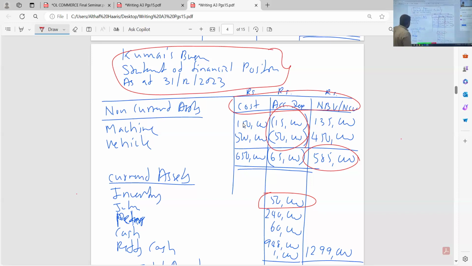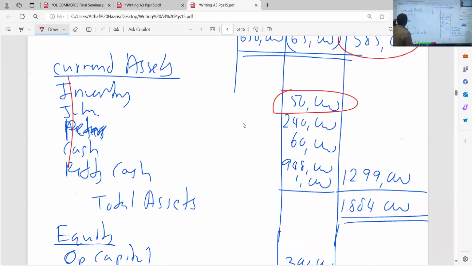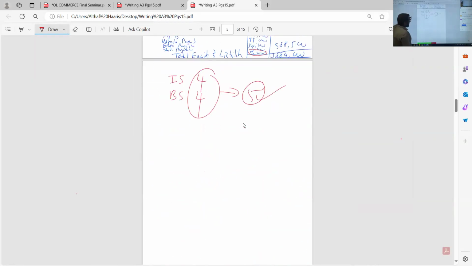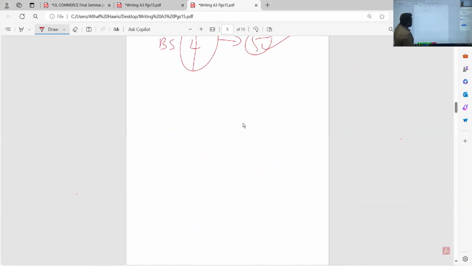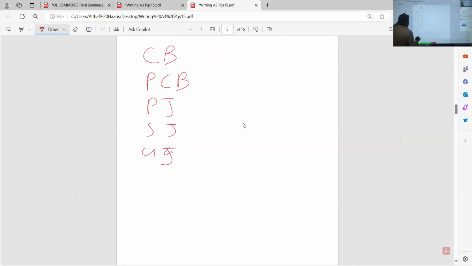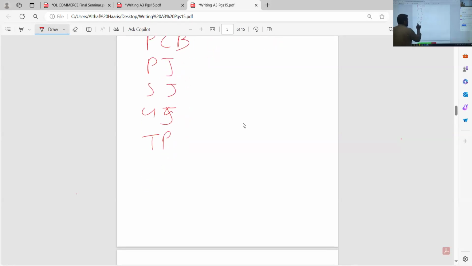So you see from today's seminar, people, how many things we covered, how many chapters we covered. One is we learned the cash book. Other one is the petty cash book. And we learned the purchase journal, sales journal, general journal. And we learned the trial balance. And here our trial balance didn't balance.